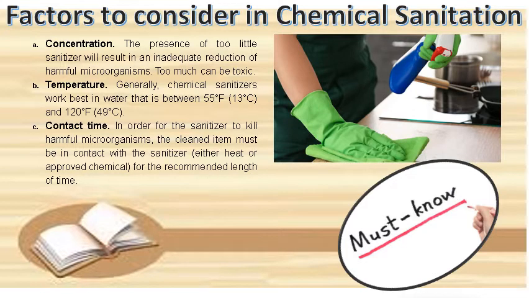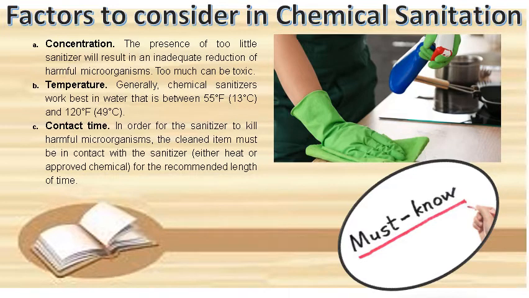The next one is temperature. Generally, chemical sanitizers work best in water that is between 55 degrees Fahrenheit or 13 degrees Celsius and 120 degrees Fahrenheit or about 49 degrees Celsius. So temperature is also a thing to consider in chemical sanitation.